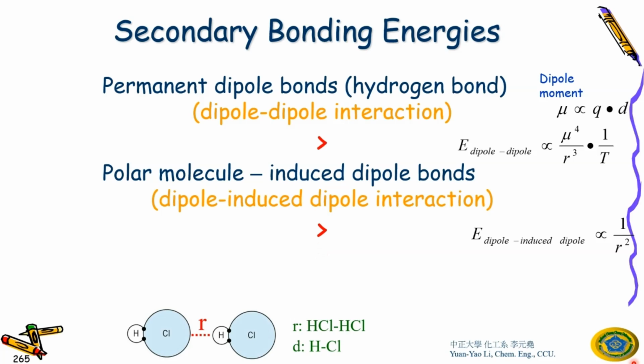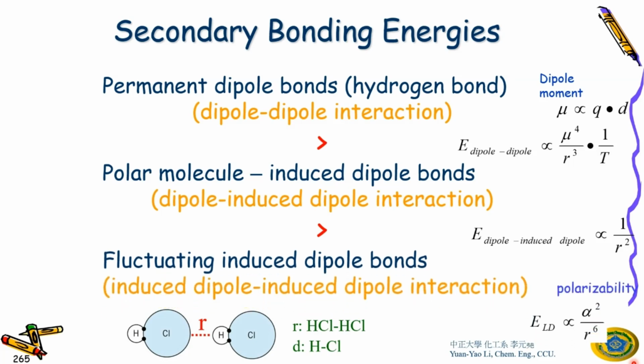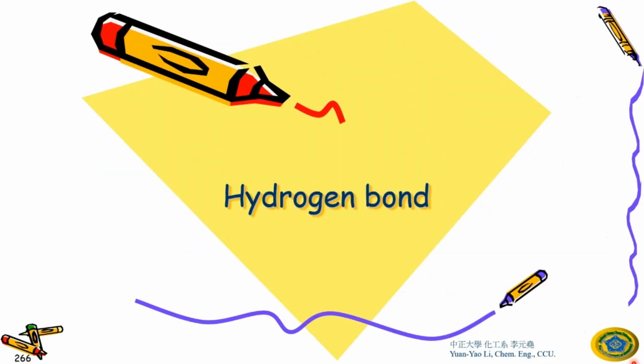And of course, the polar molecule-induced dipole bond energy will be greater than the fluctuation-induced dipole, because that is the weakest. The energy of the fluctuating-induced dipole will be the weakest among these three. Okay? Right.